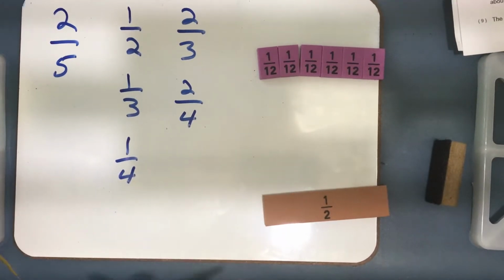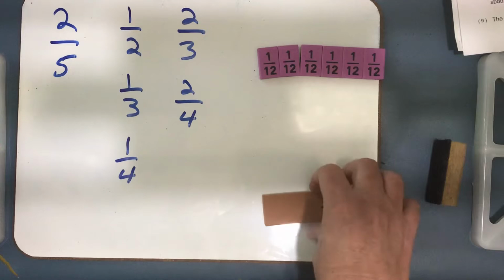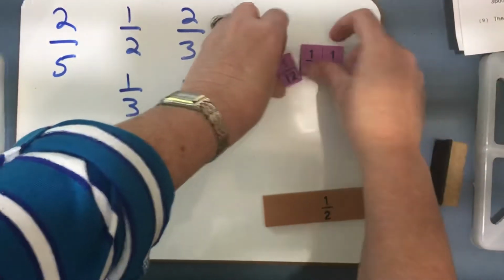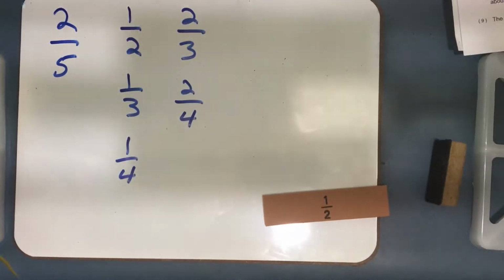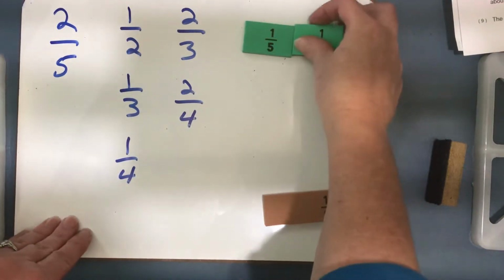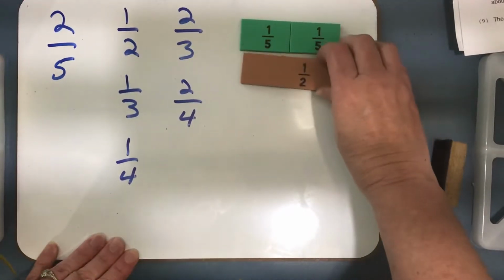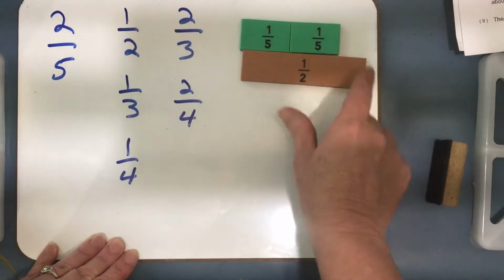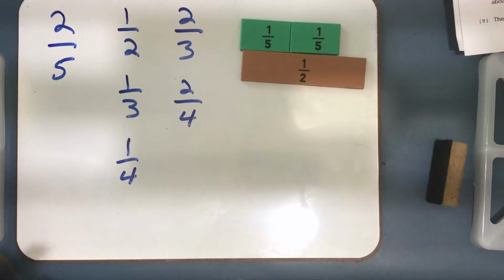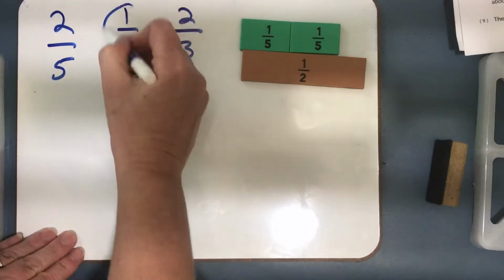We want to see which of those are greater than 2/5. So let me get out 2/5 right here. And we'll start with 1/2 because we already have it out. And we can see that yes, 1/2 is greater than 2/5. So yes, we'll circle that.